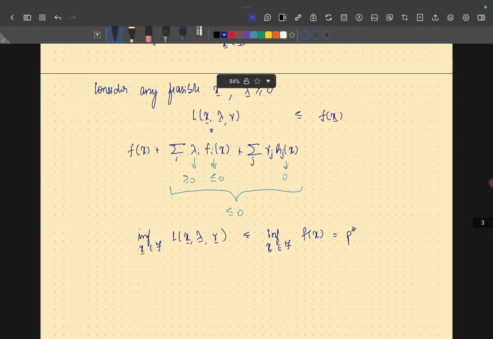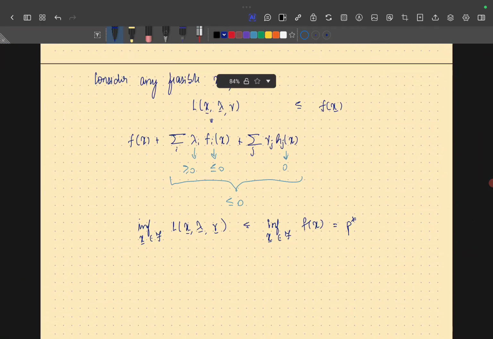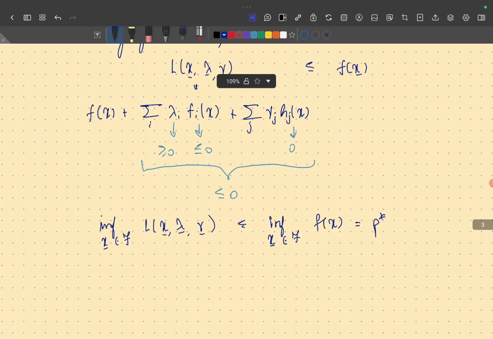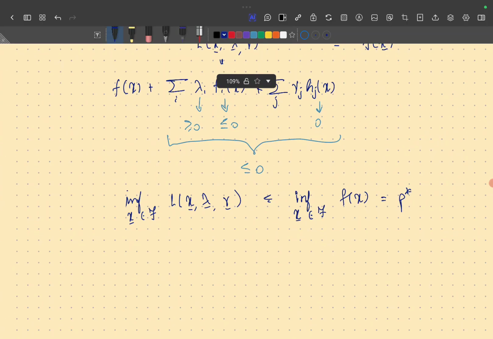Right? Are you with me so far? Right? So the constrained minimization of the Lagrangian, or the constrained minimum of the Lagrangian, is less than or equal to the constrained minimum of f of x.